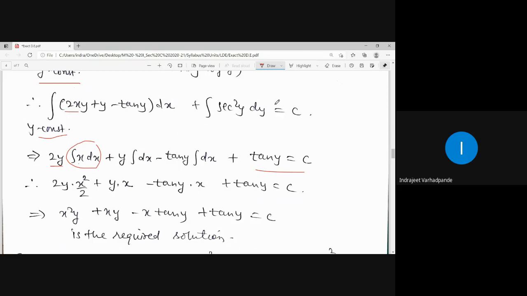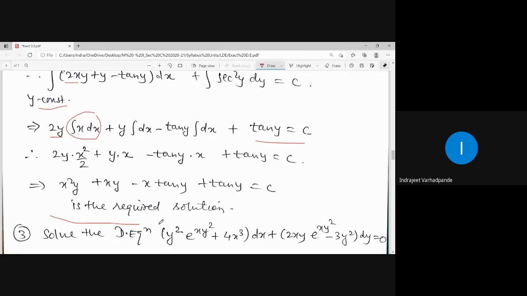I hope everybody is taking down the notes properly. Is there difficulty in any of the steps? Everything is clear?